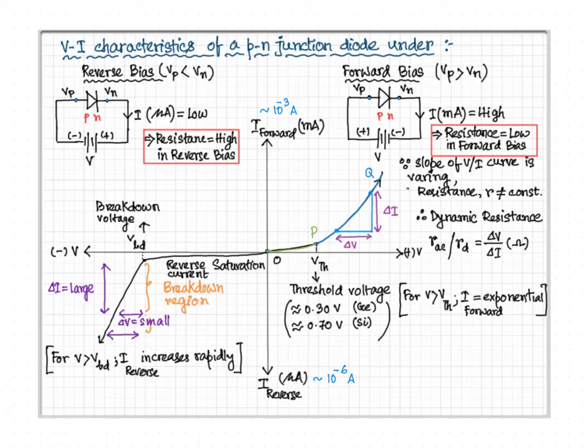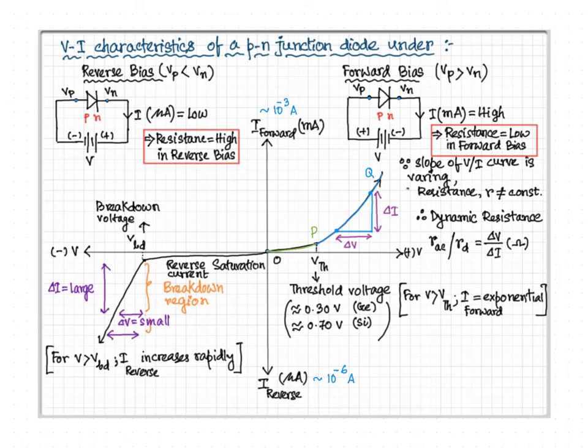That is why the resistance offered is called dynamic resistance, denoted by RD. Sometimes it is also denoted by RAC, whose formula is the change in voltage, delta V, divided by the change in current, delta I.